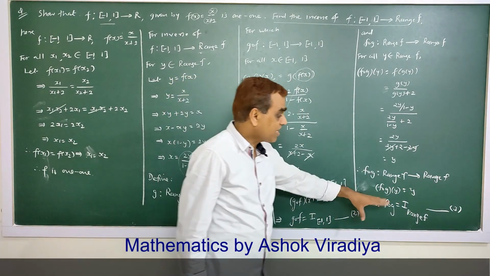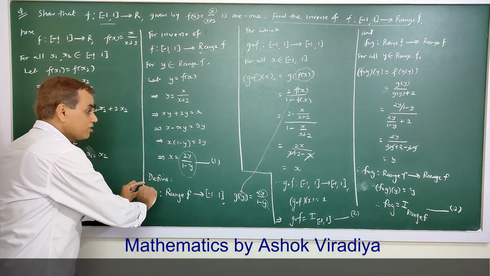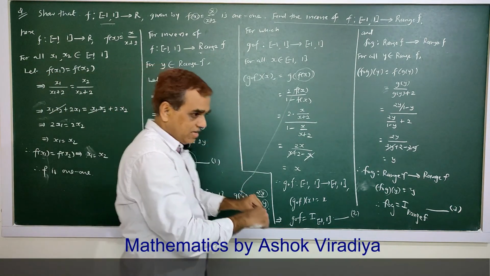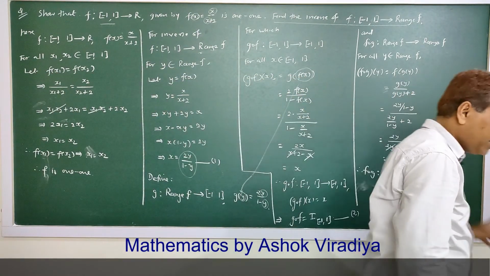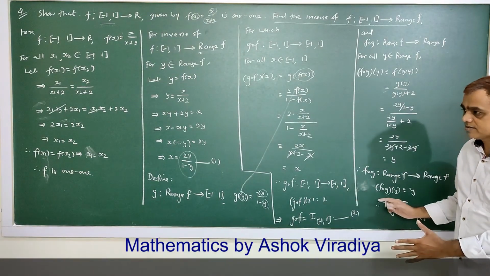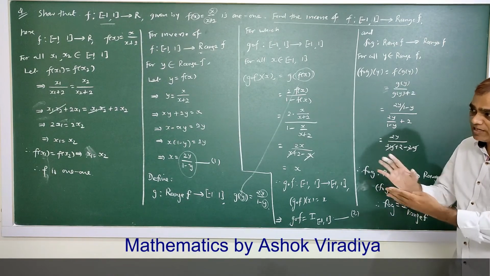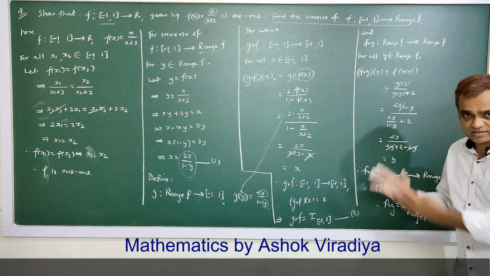So both conditions are satisfied for this function g. So f is invertible. From 2 and 3 we can say that f is invertible. Now I need space to end this answer.